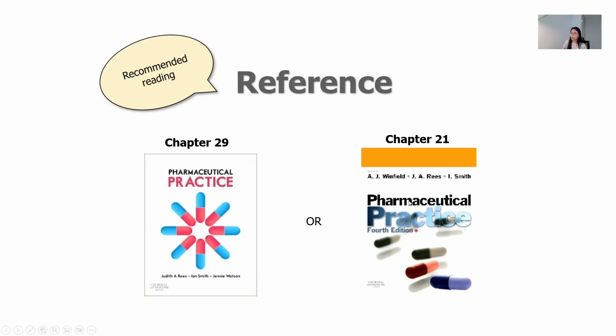If you prefer to read the physical book, some people prefer the physical book, you can borrow it from the library, but it comes in the older version. It is the 4th edition. The ebook that I shared is the 5th edition. So for the 4th edition, you have to refer to chapter 21. With that, I would like to end this lecture recording, and happy learning.